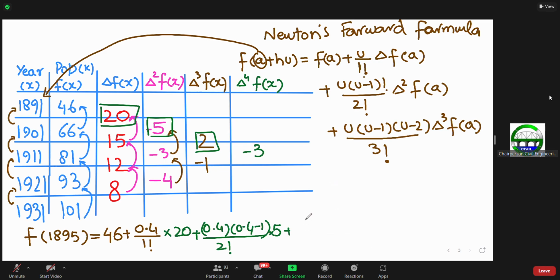Okay, so our next term will be, with u equal to 0.4, 0.4 into 0.4 minus 1, 0.4 minus 2 divided by 3 factorial, and multiplied by 2.